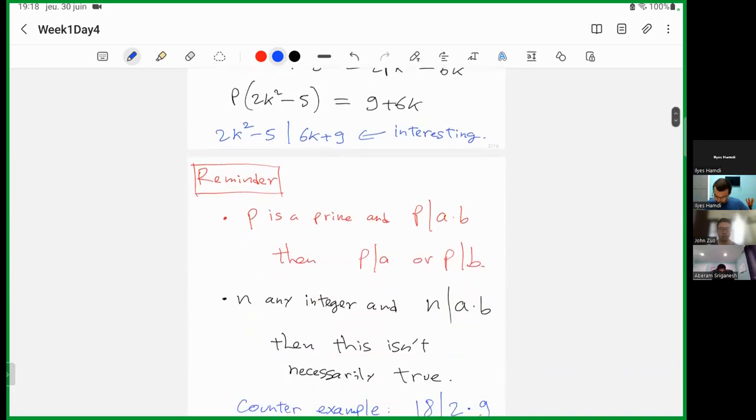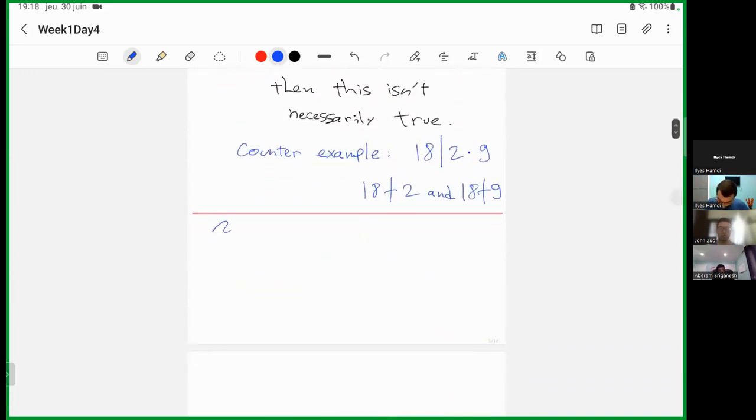So let's write this down. 2k squared minus 5 divides 6k plus 9. And actually both are positive. So basically this means that I need 2k squared minus 5 to be less or equal to 6k plus 9.